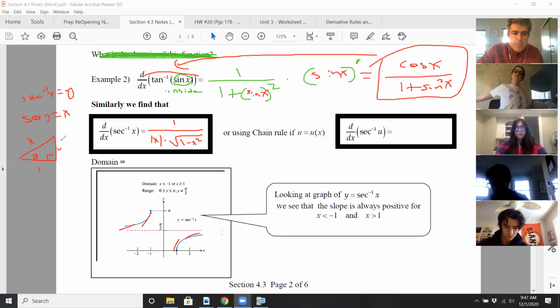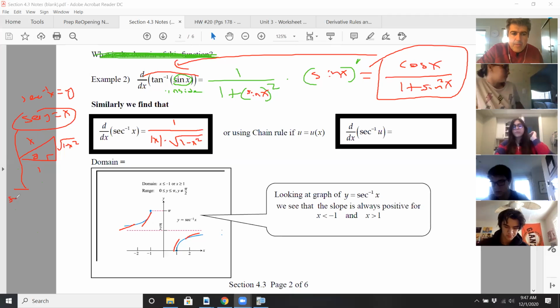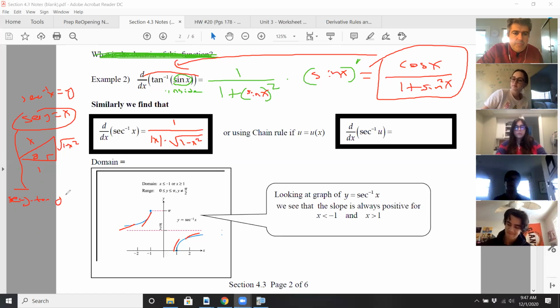So therefore, this is root 1 minus x squared. And you could go through the whole motions if you wanted to, like, let me take the implicit differentiation here. It's secant y times tan y times dy over dx equals 1. Anyway, I'm not going to get into it in the interest of time. Just trust me, it works.